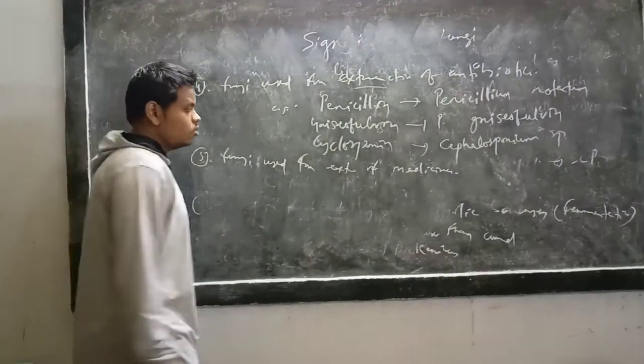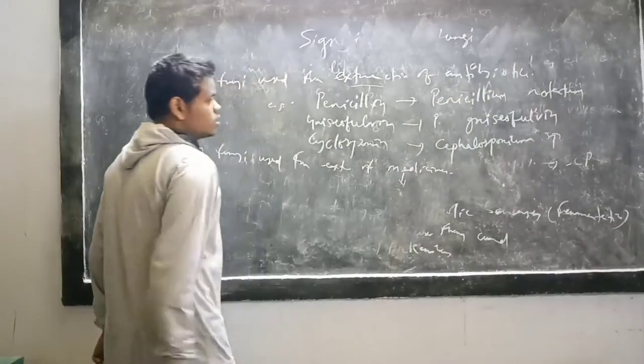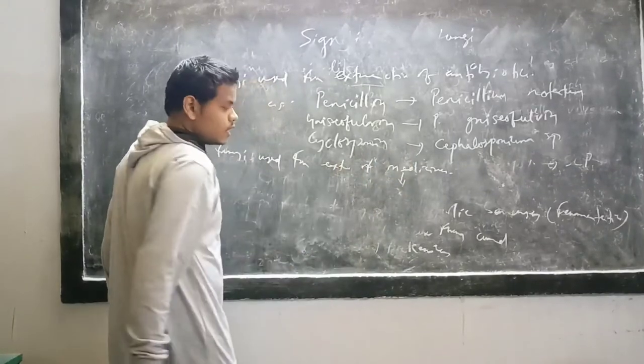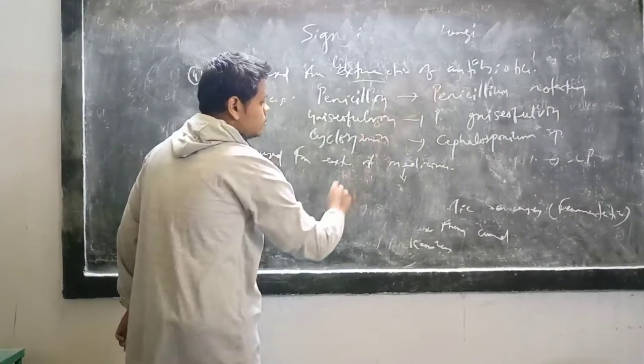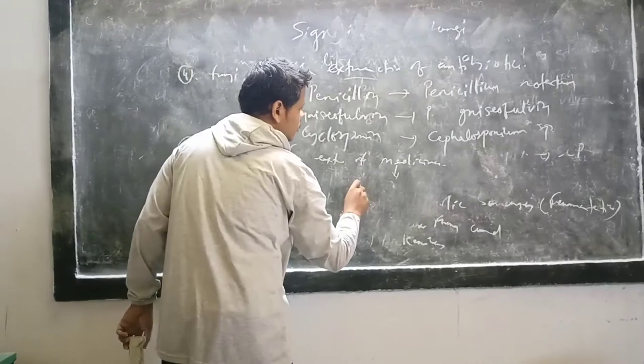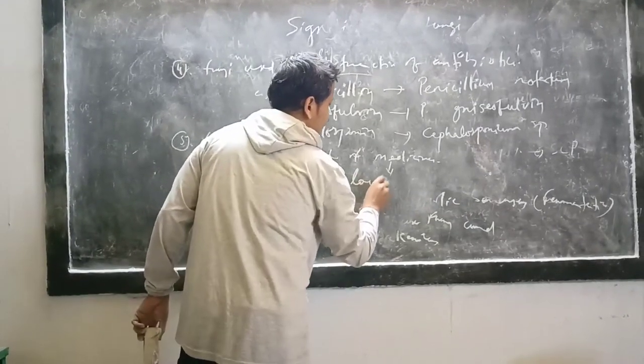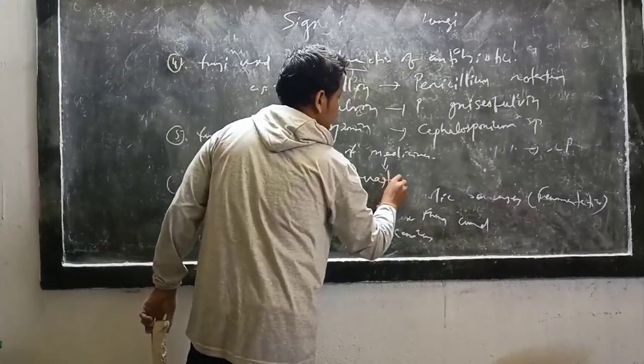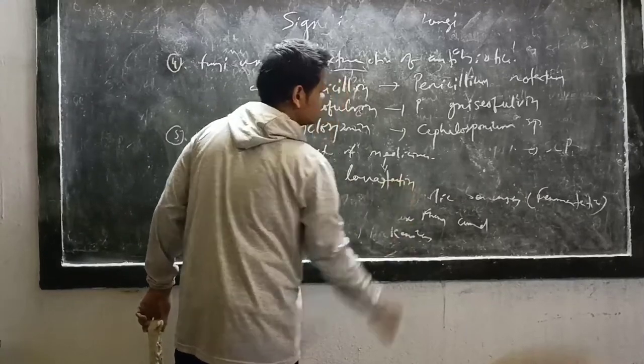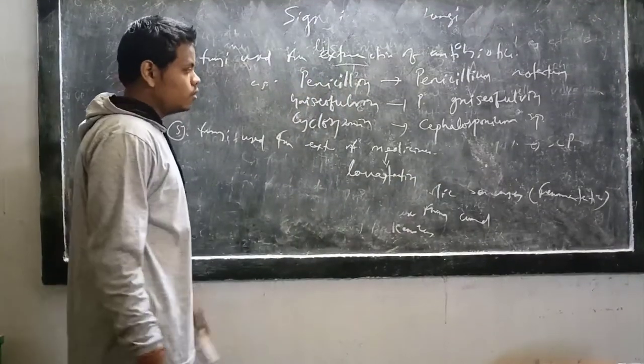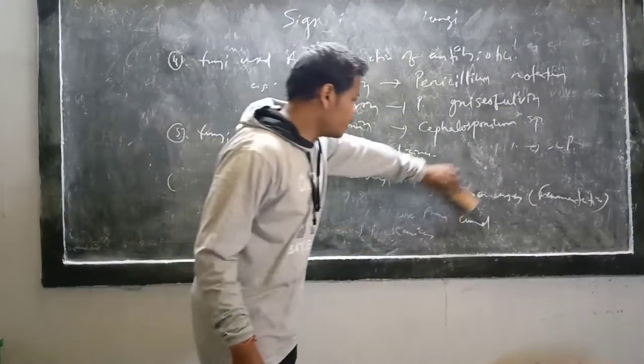Some examples are cyclosporin, which is a type of medicine. Another example is lovastatin. Lovastatin is an example of a medicine which is extracted from fungi also.